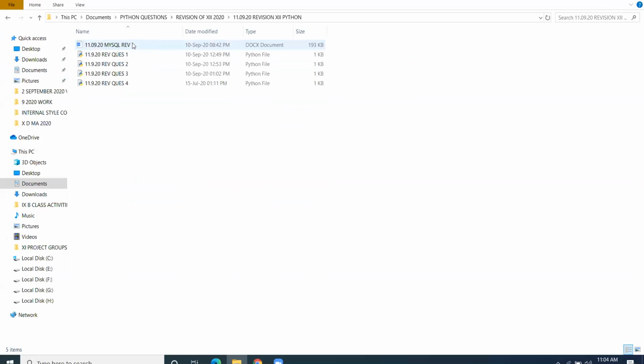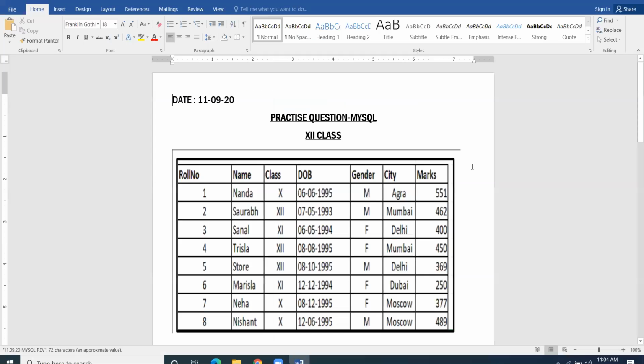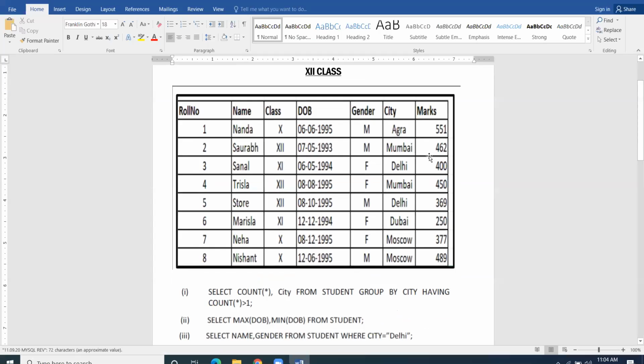So first of all, I am starting with the MySQL table. This is a sample paper of the year 2019.